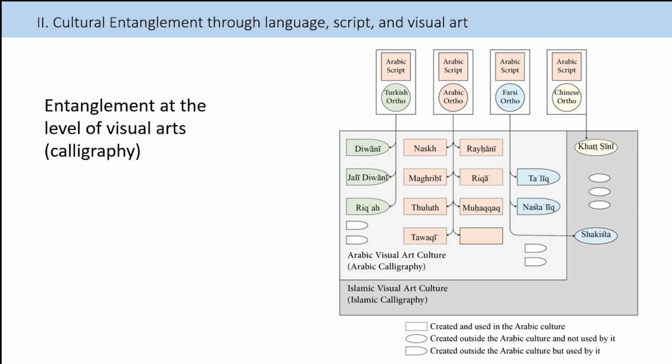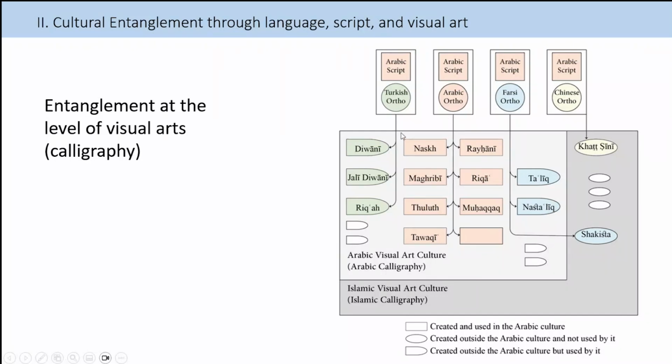And that entanglement happens at many levels. In visual art, for example, the Arabic script has developed Naskh, Rayhani, Ruq'ah, Riqa', Muhaqqaq, many calligraphic styles. And when the Arabic script went to Farsi and was written in Farsi orthography, the Persian designers created Ta'liq, Nasta'liq, and Shikasta.